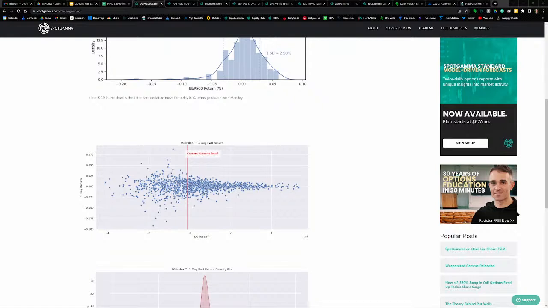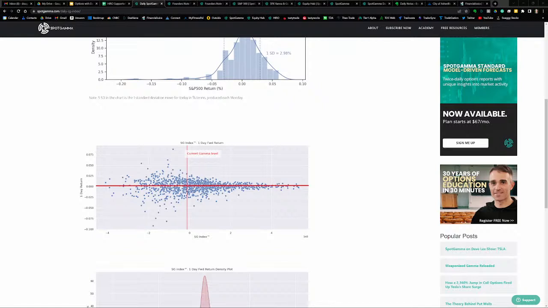This is the zero line, and what this is showing is the one-day forward return, positive above and negative below, on the vertical axis. The horizontal axis is showing the Spotgamma gamma index, and you can substitute gamma notional in here.